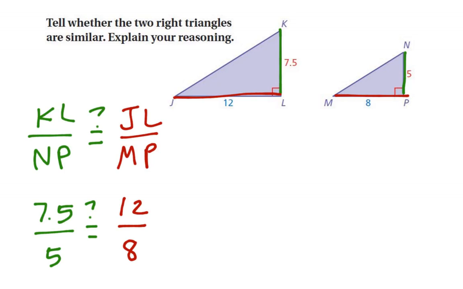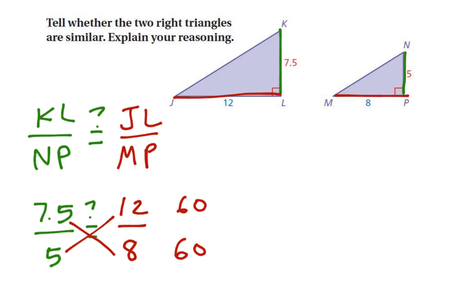I could cross multiply and see if the cross products are the same, or I could reduce both fractions to a common ratio. If I cross multiply, I'll find out that yes, it is proportional. The cross products in this case, 5 times 12 would be 60, and so would 7.5 times 8 also be 60. Since those values are the same, it shows that the ratios are equal to each other.